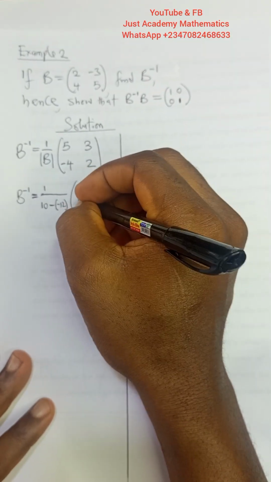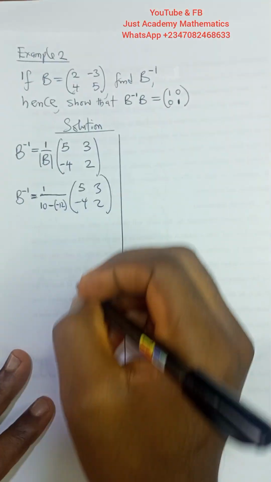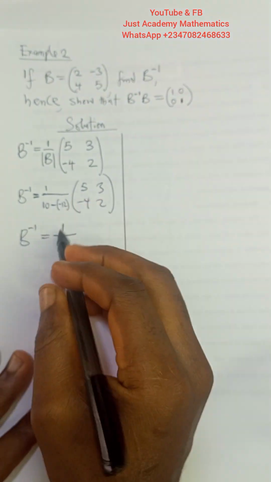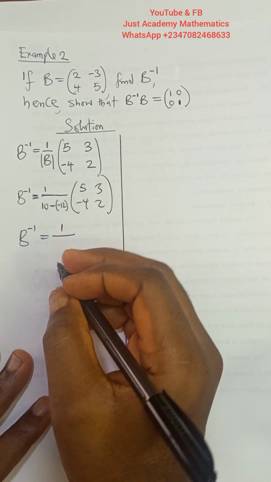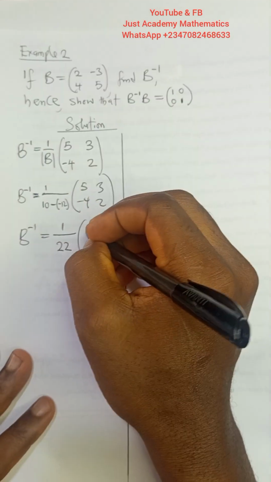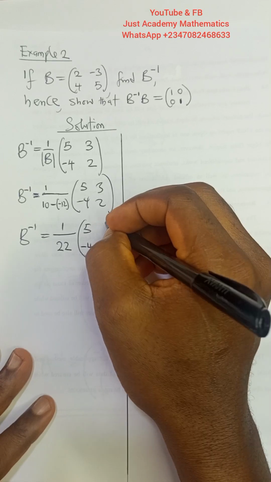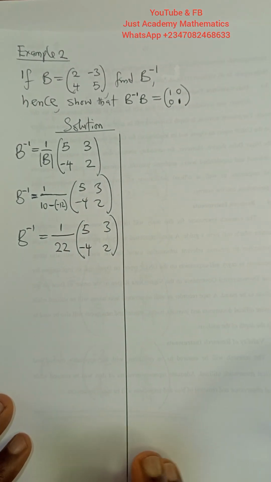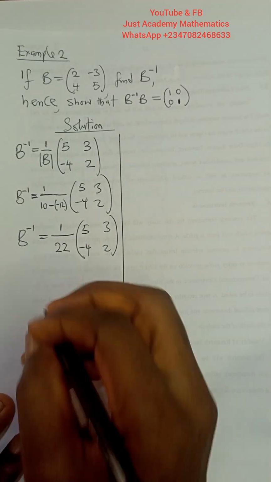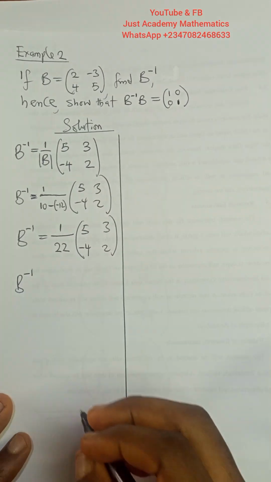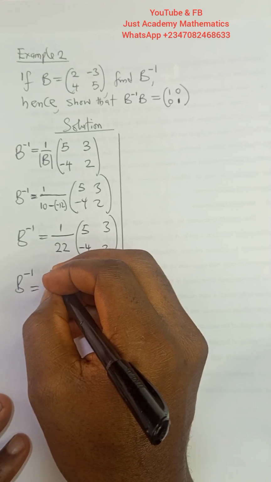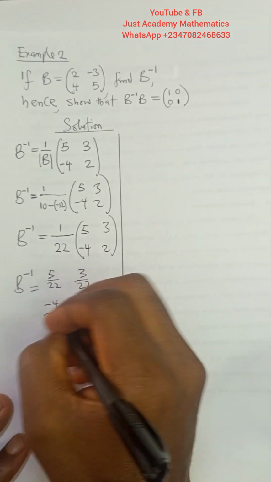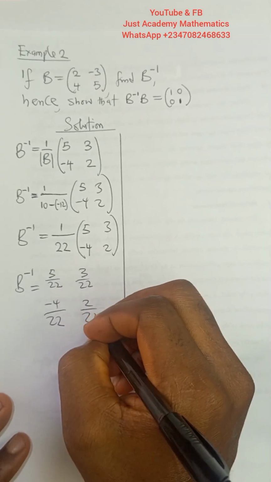Times 5, minus 4, 3, 2. So B inverse is now equal to 1 over, this time this is plus, so 10 plus 12 is 22, times 5, minus 4, 3 and 2. Are you with me now? If we put it inside, we'll have that B inverse is equal to 5 over 22, then 3 over 22, minus 4 over 22, and 2 over 22.